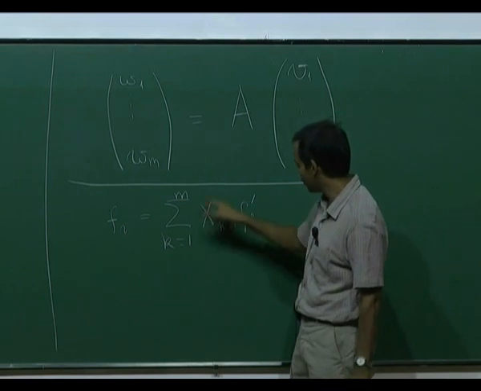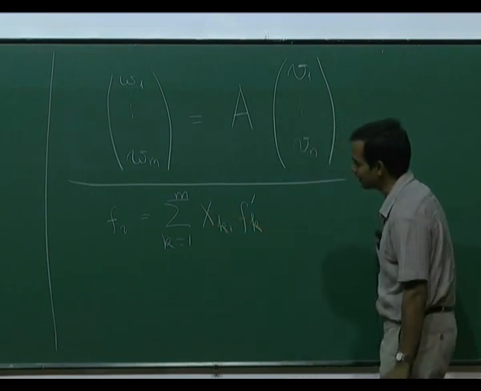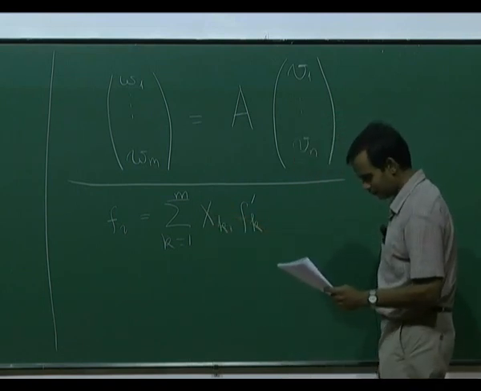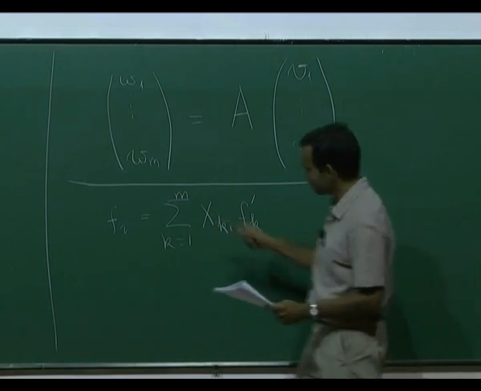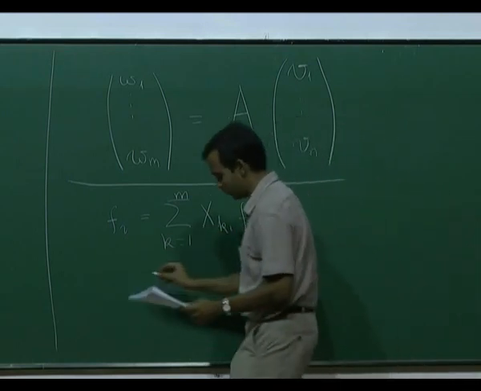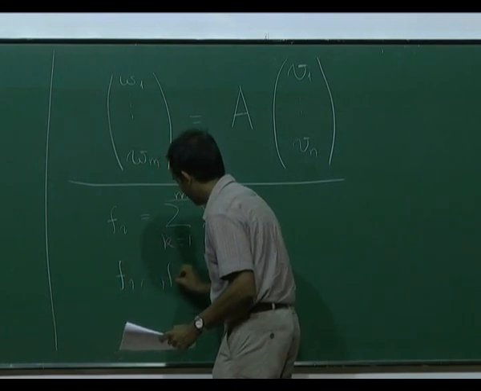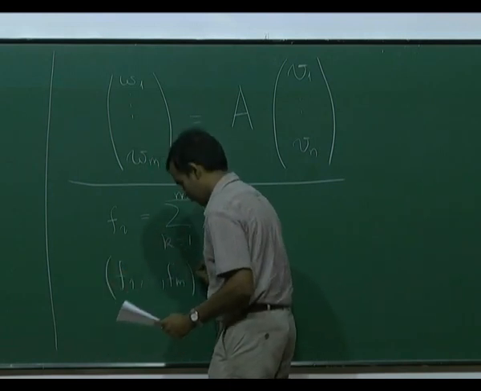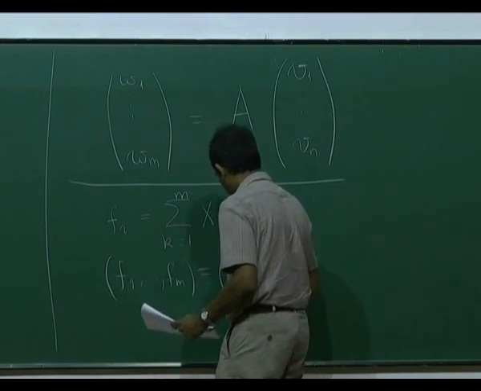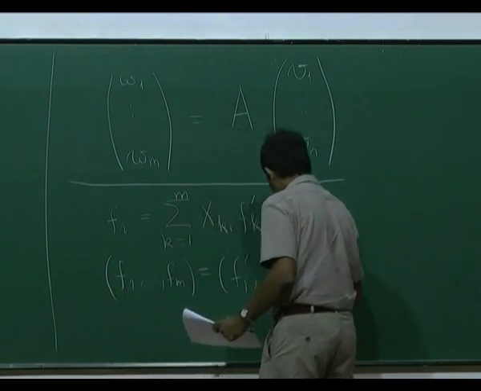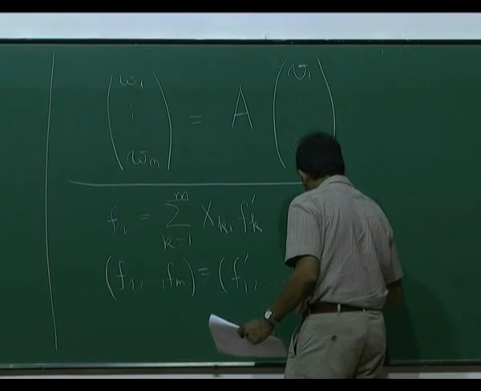So, this will form a matrix I will call X, and this identity can be represented in the following form: F1 up to Fm is equal to F1 prime up to Fm prime times X.